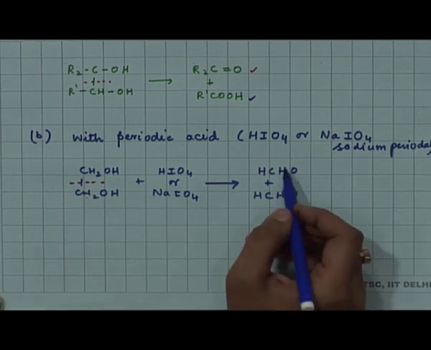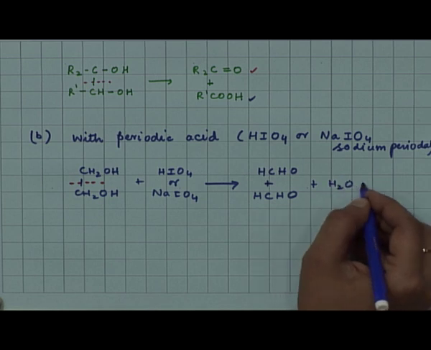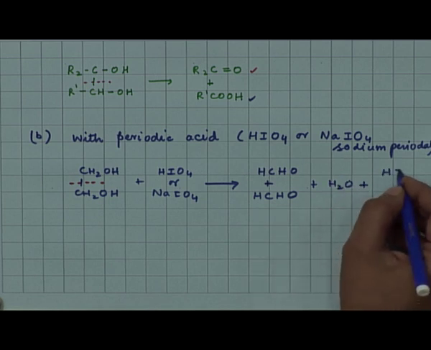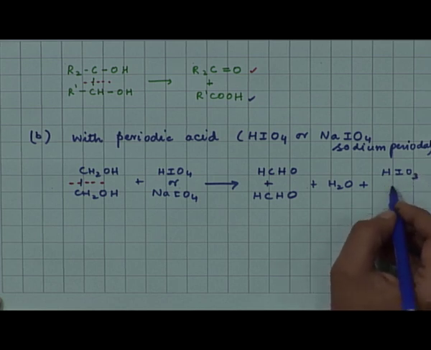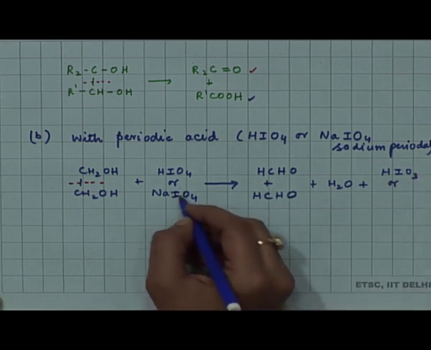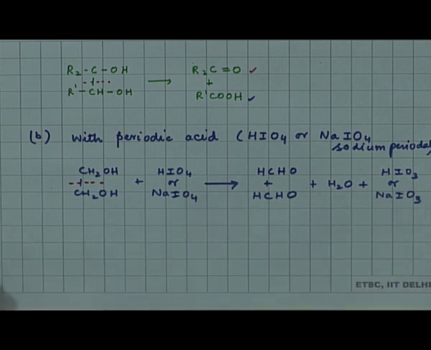In this case, since it is symmetrical, you get 2 moles of formaldehyde along with water, and the periodic acid is reduced to iodic acid, or if you start with sodium periodate, it gives you the reduced form NaIO3.